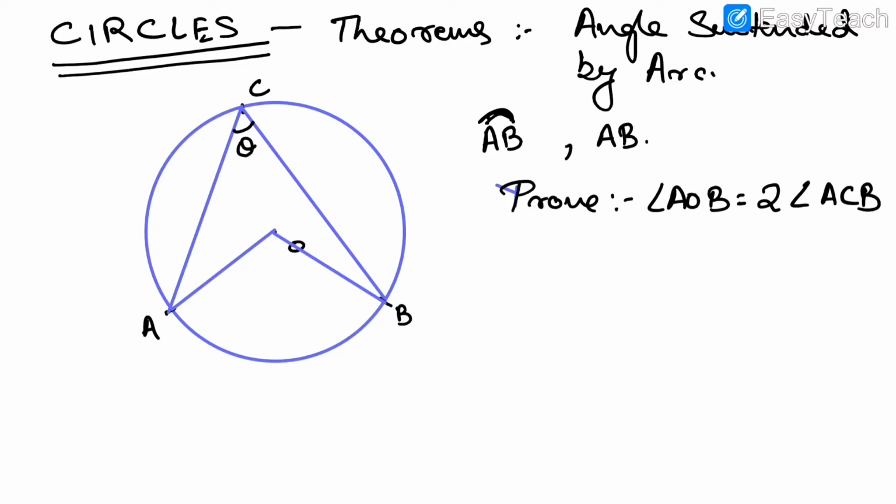Angle subtended by the arc at the center of the circle is always twice that subtended at any other point on the circle.